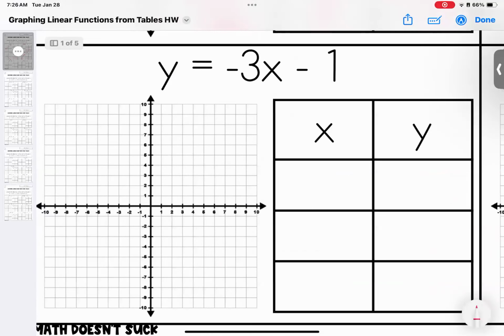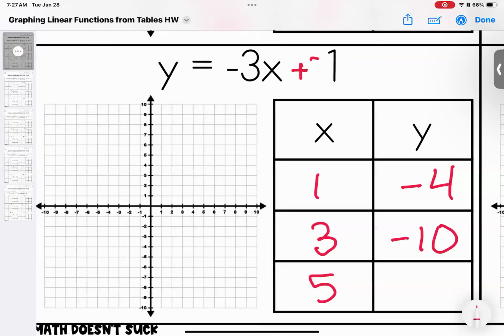All right, let's do 1, 3, 5. Just trying to keep it simple, keeping things that are going to be on our plate as best as we can. So we have -3 times 1 is -3, plus -1 is -4. 3 times 3 is 9, make it negative, plus -1 is -10. 5 times 3 is 15, make it negative, plus -1 is -16.